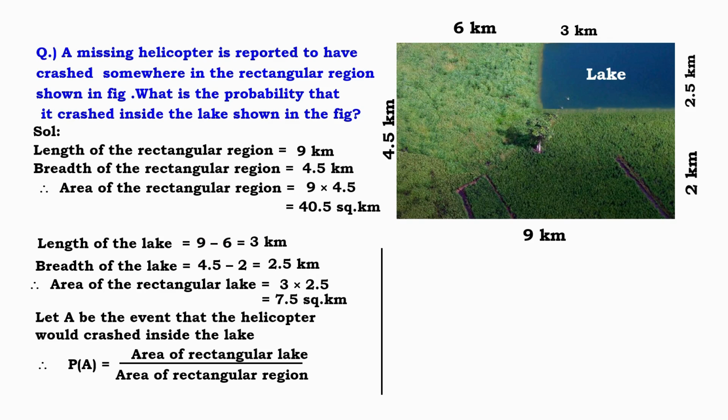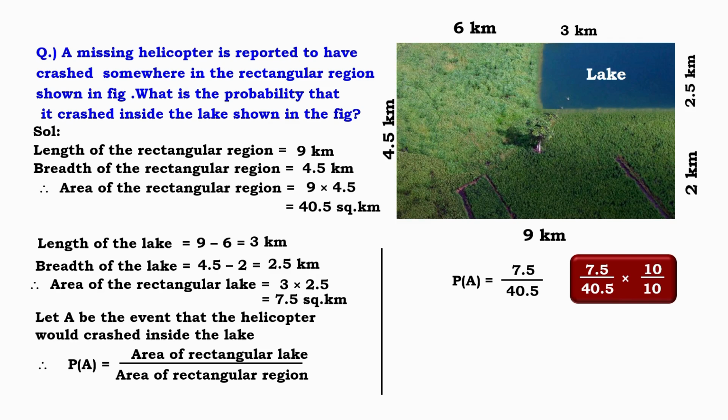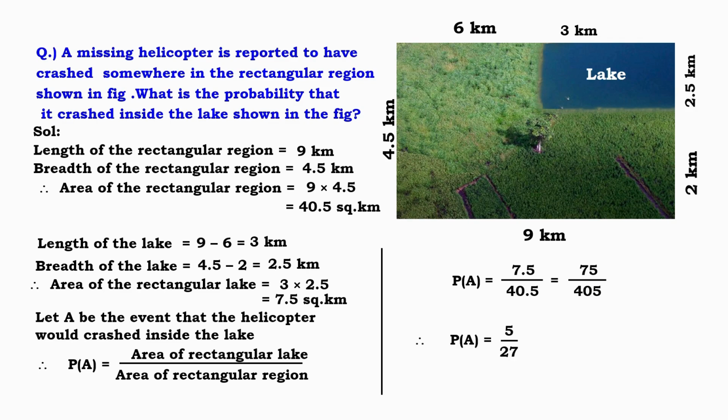So that is equal to 7.5 divided by 40.5. So now if we remove the decimal point, we have to multiply 10 in both numerator and denominator. That becomes 75 by 405. We will get the simplest form as 5 by 27.